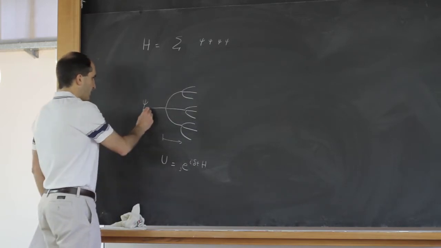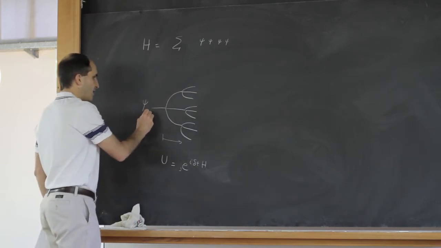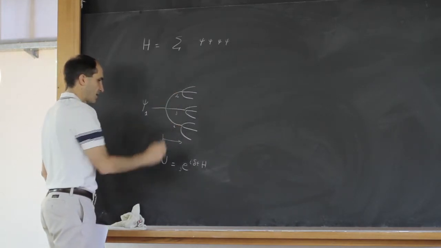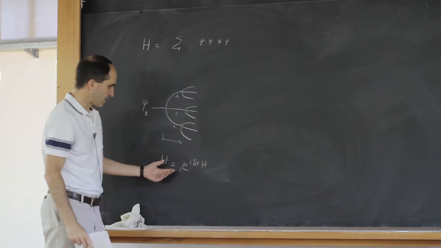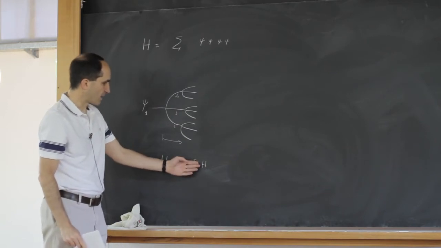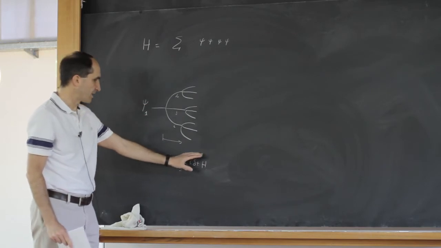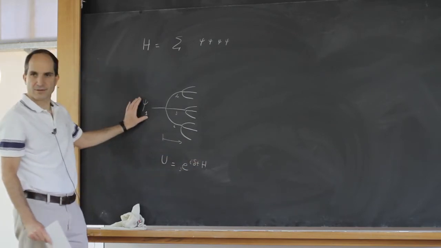Now we started with, let's say, fermion number 1, and this gave rise to fermions number i, j, and k, okay? In this unitary operator we have a Hamiltonian which contains many, many terms, and only a small subset of the terms will act on fermion number 1.